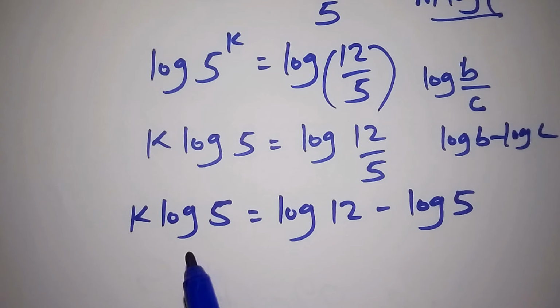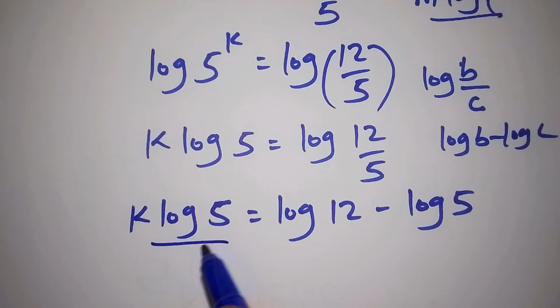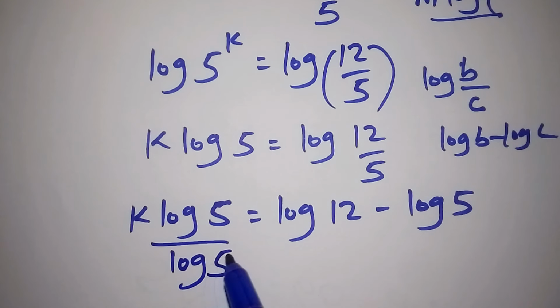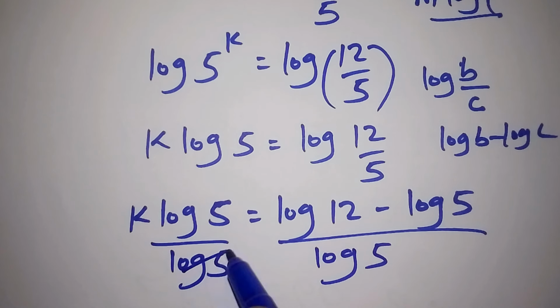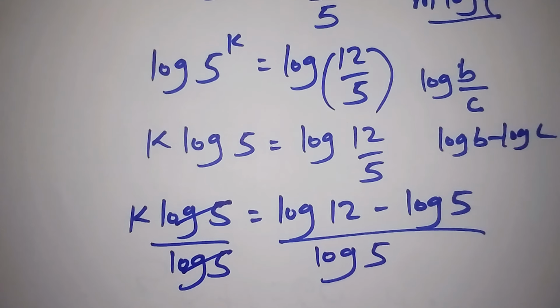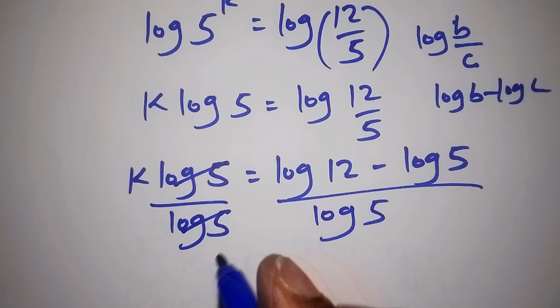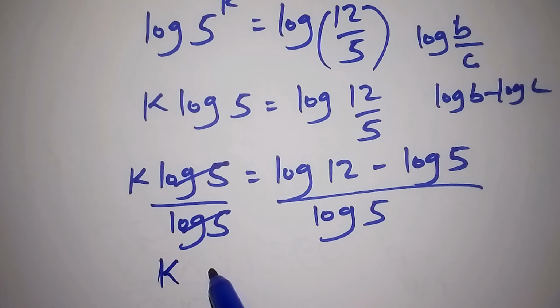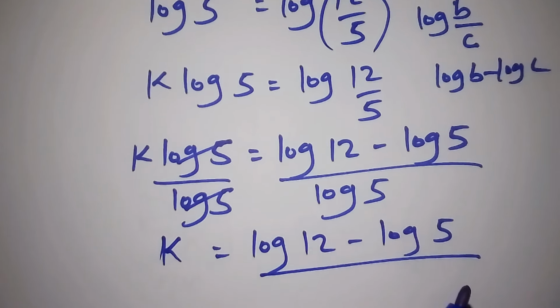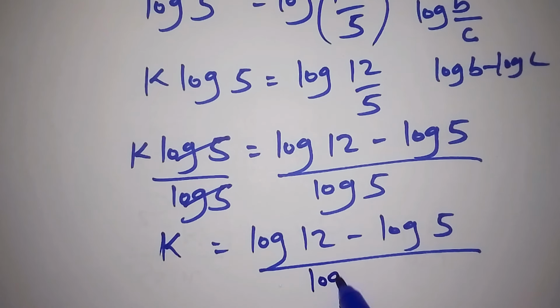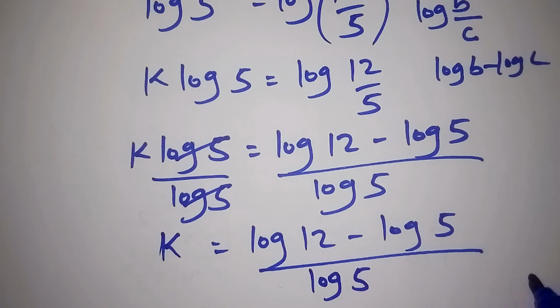We want to remove this k on this end, so we divide both sides by the log of 5. Then the log of 5 and the log of 5 cancel, and we remain with k. So k is equal to the log of 12 minus the log of 5, all over the log of 5. We don't say that this is the answer.